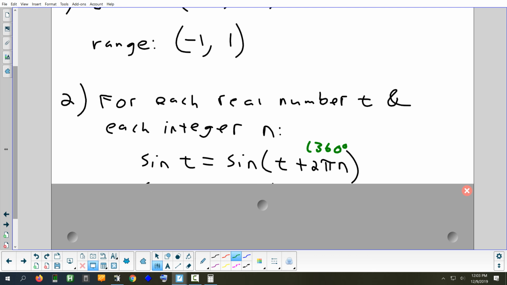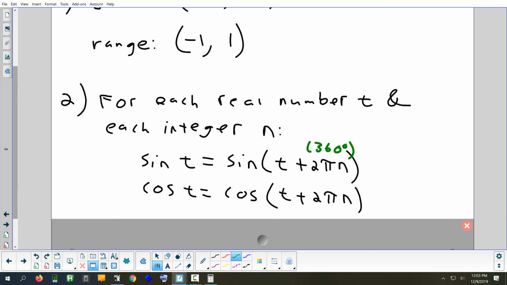That's what this top thing says. If you want to take the sine of something, or take the sine of that something and add 360 as many times as you want, you can add 360 times 1, 360 times 2, 360 times 10, 360 times 100. You can add 360 as many times as you want, and you will always get the same thing. And it works exactly the same for cosine. In radians, you can add 2 pi as many times as you want, or 360.